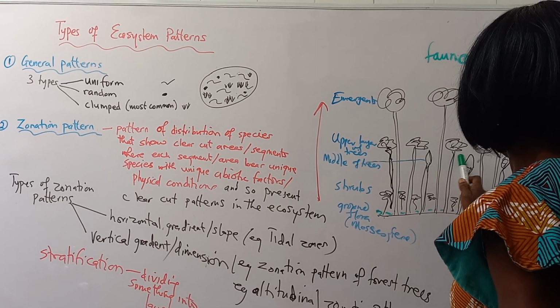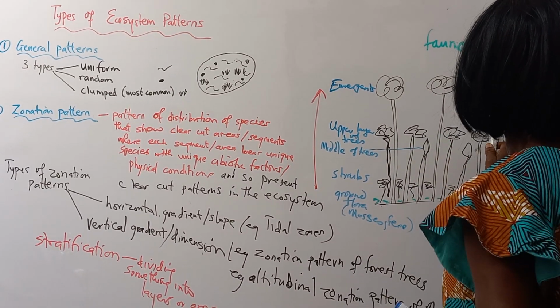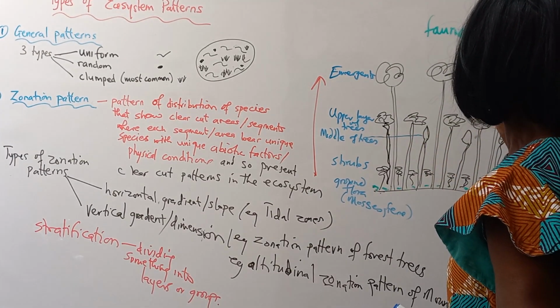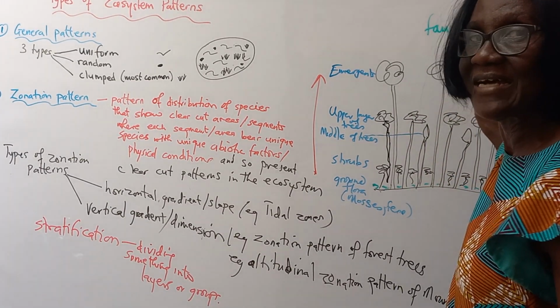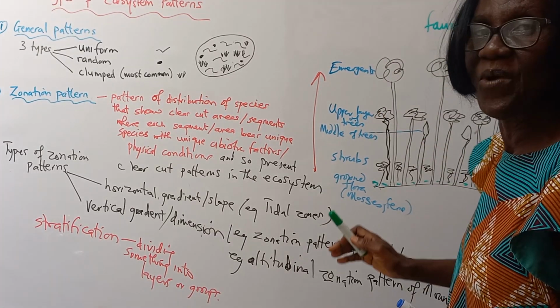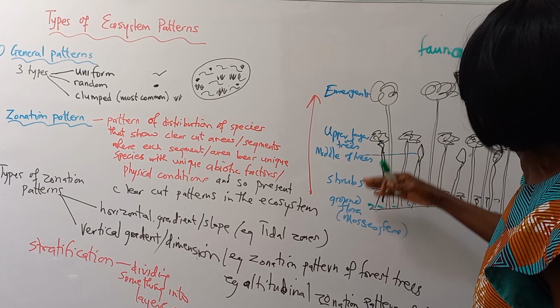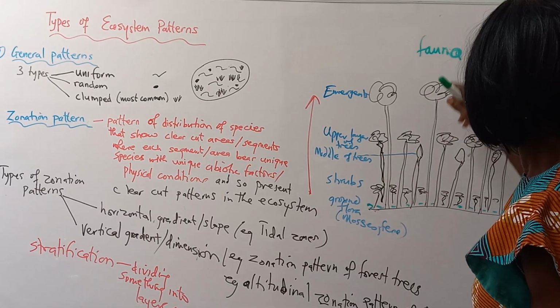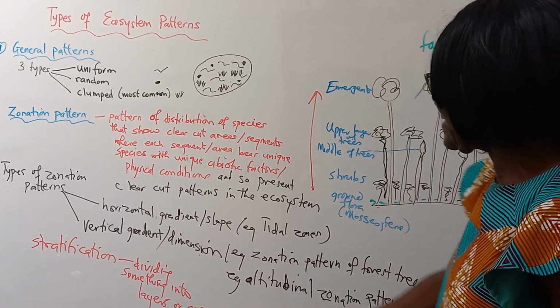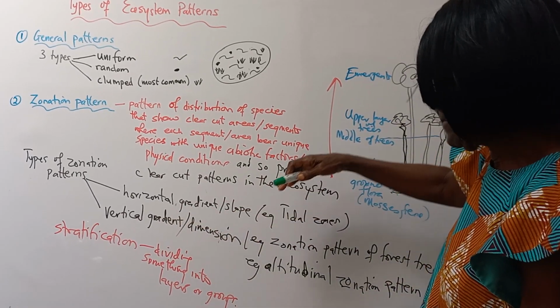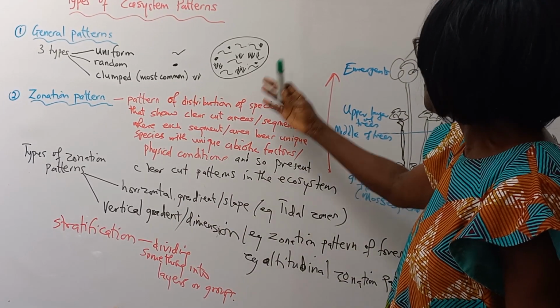You can have a few butterflies here. As you go up, the wind conditions increase. You can have birds that can fight the wind speed. So there's stratification or zonation of fauna too. So once there's a vertical dimension or horizontal gradient, there will be zonation.